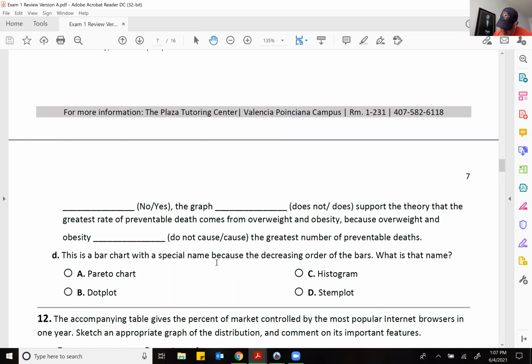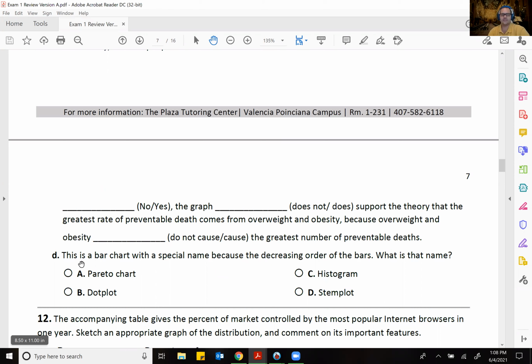Do not. They are a cause of preventable deaths, but they are not the greatest. That's why we say do not cause. So our first blank is no, our second blank is does not, our third blank is do not cause.